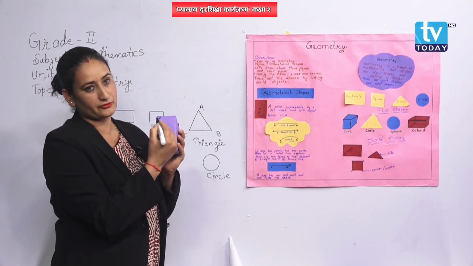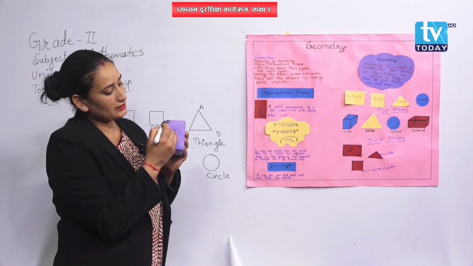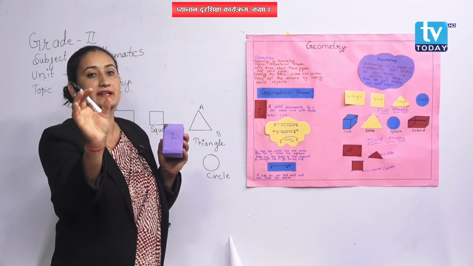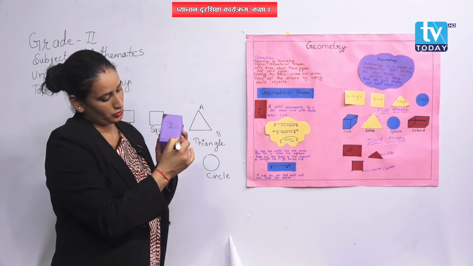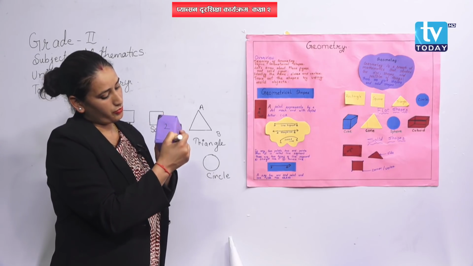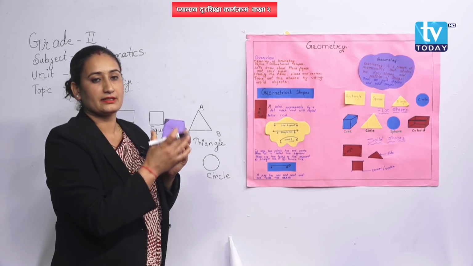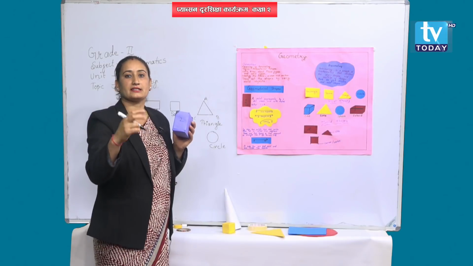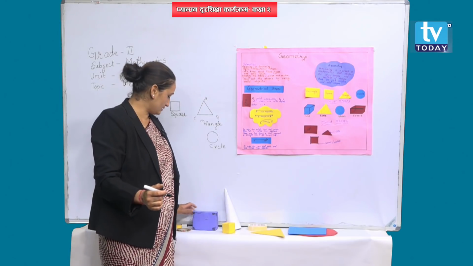That inner space we call an angle, and the point a corner. How many dot points are there? Can you notice? 1, 2, 3, 4. These points are known as vertices. It's 4, then vertices. If it's 1, then we call it a vertex.